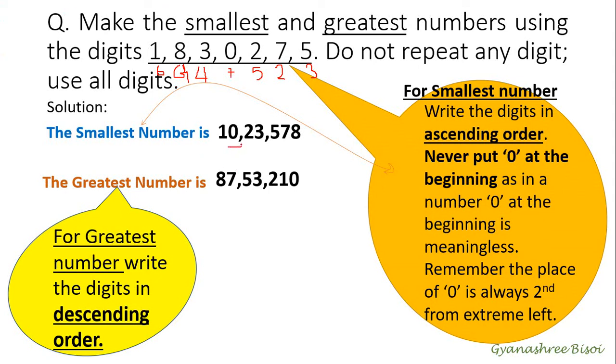Done. Now, while writing the greatest number, we need to write it in descending order. That means in decreasing order, from greatest to smallest. I hope forming the smallest and greatest number by using digits is clear to you all.